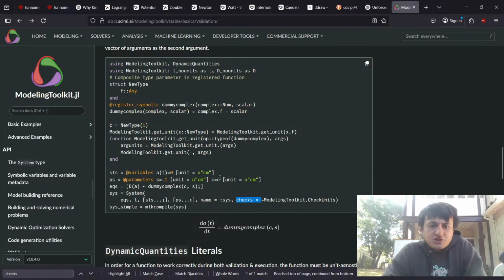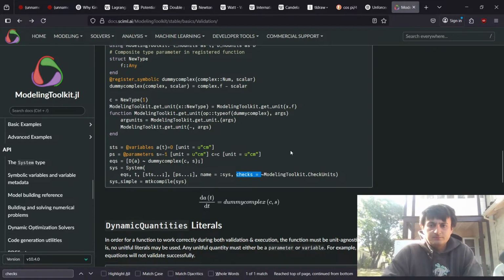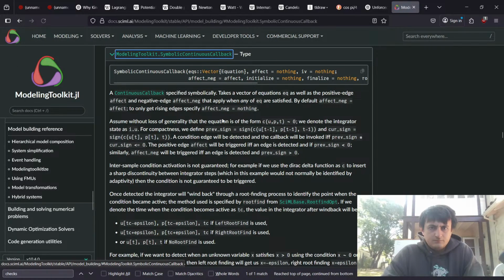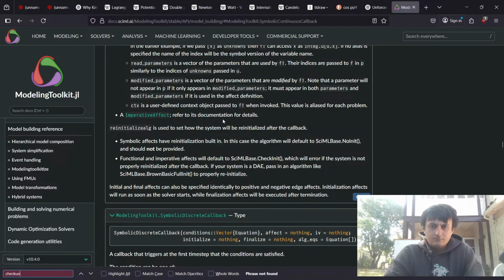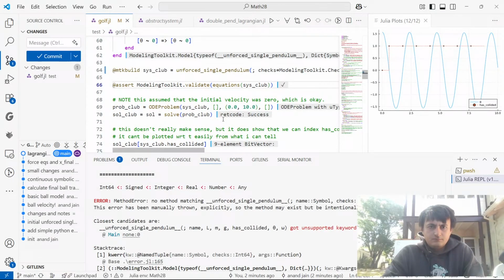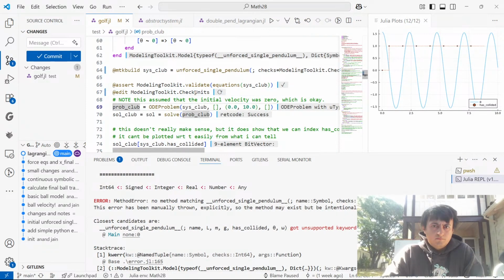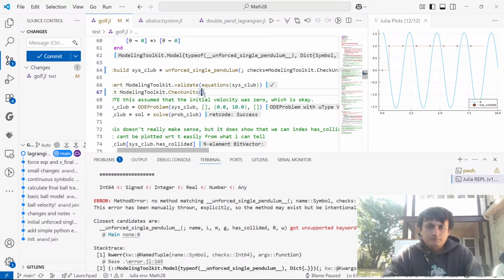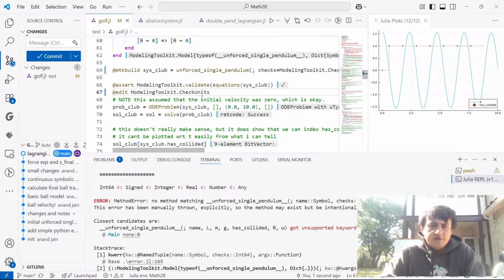So system has this checks field, but how come I can't go to this?